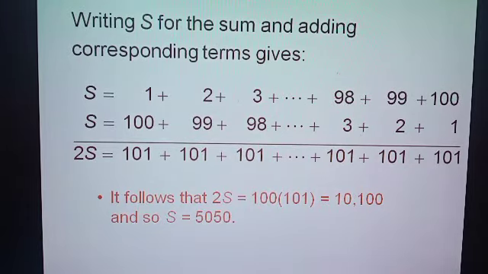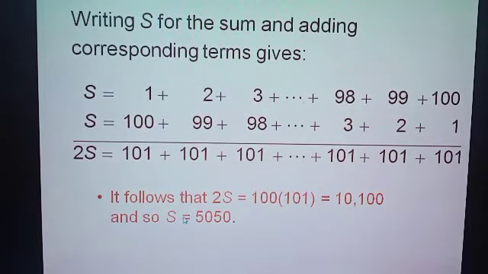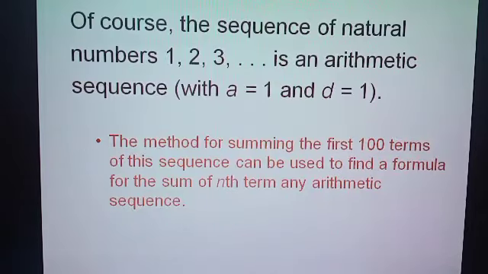Now we are going to use the same method to find the sum of the first n terms of the AP, whose terms will be in the form of an is equal to a plus n minus 1 into d.